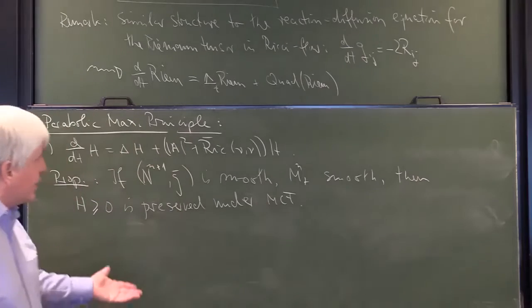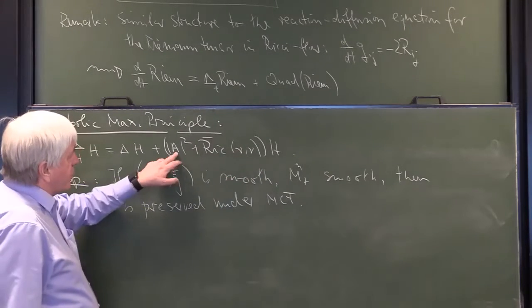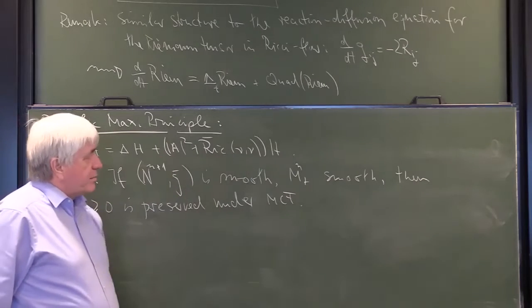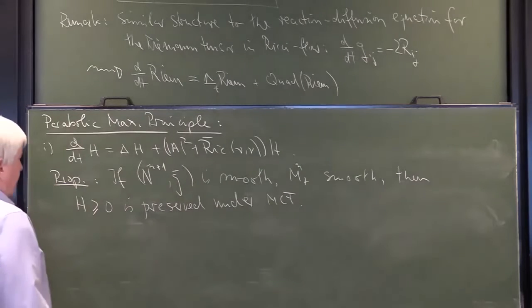Now, if the Ricci curvature is non-negative, then of course, if you start with strictly positive mean curvature, this will tell you that you get a singularity in finite time.